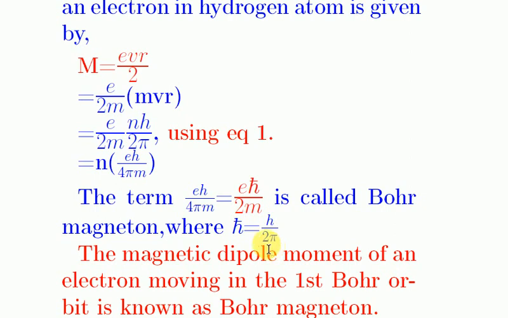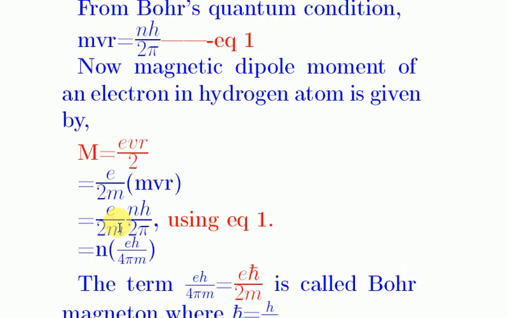This term, eh by 4 pi m or e h cross by 2m, is called Bohr Magneton, which is the magnetic dipole moment of an electron at first Bohr orbit.